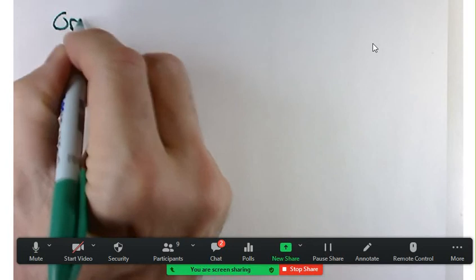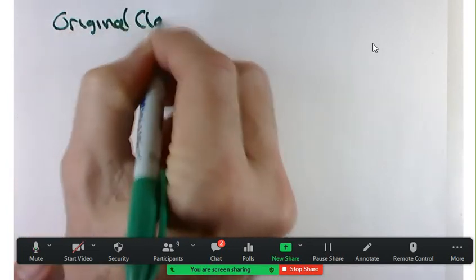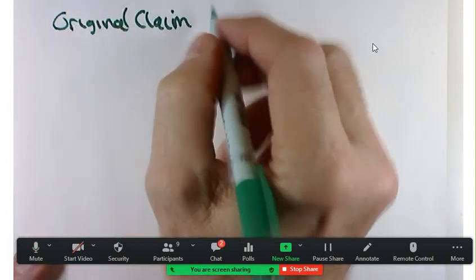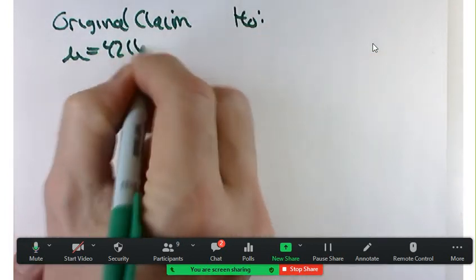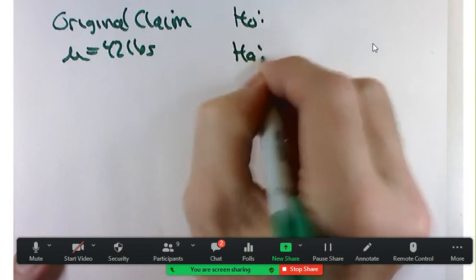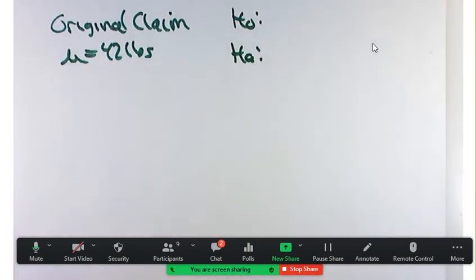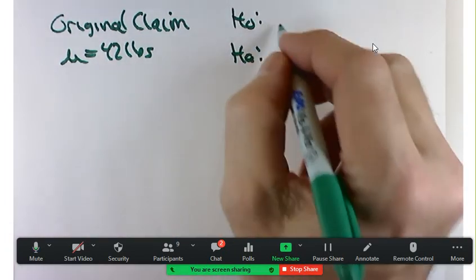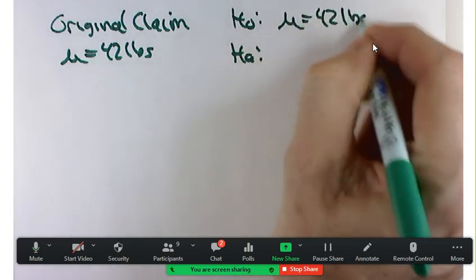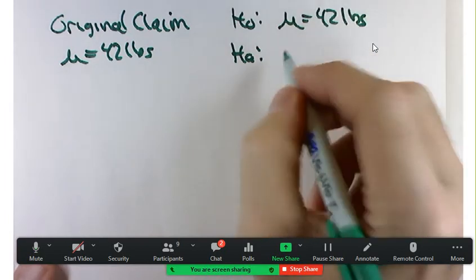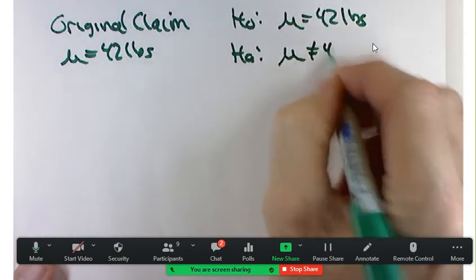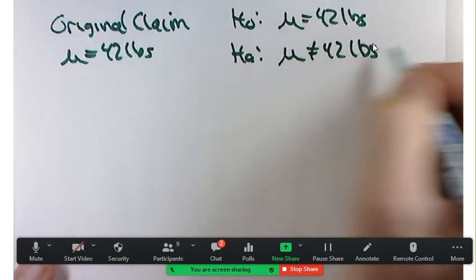So the original claim is H naught, or that mu equals 42 pounds. Now, where's that original claim going to go? In H naught or H A? It's going to be in H naught. Your alternative has to be like the complement of that. If this is true, then the opposite could be, well, it's different than 42 pounds.